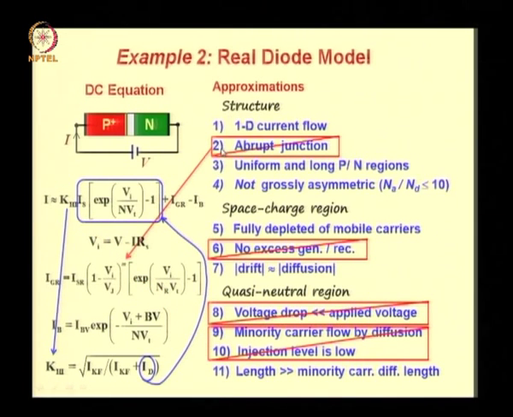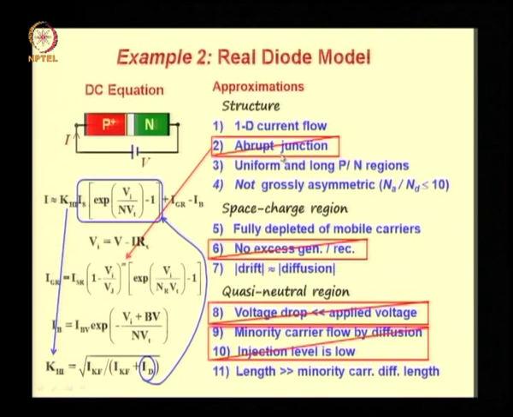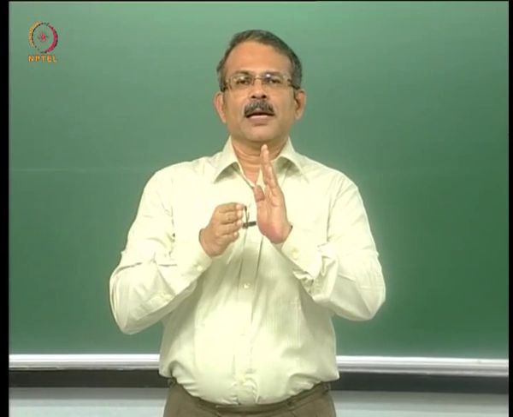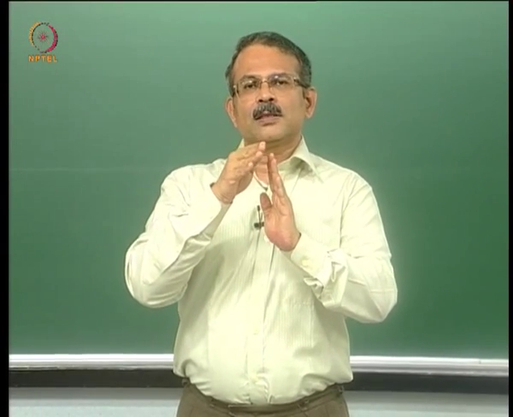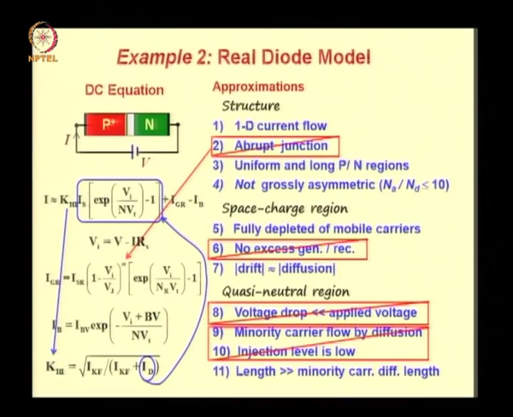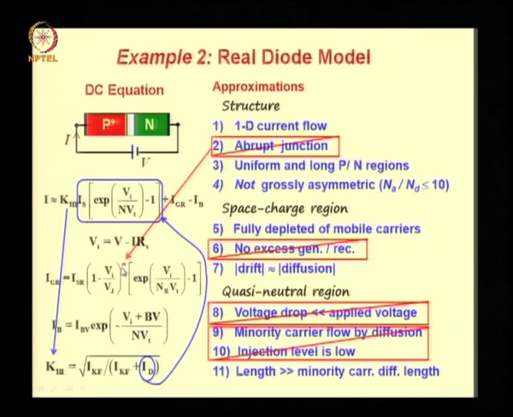Now if you relax the assumption that the junction is abrupt, which means you assume a graded junction, so the doping profile is not varying abruptly at the junction but somewhat slowly, then the modification is to change this factor here to M, which is a fitting parameter. The value of M depends on the extent of grading of the doping.